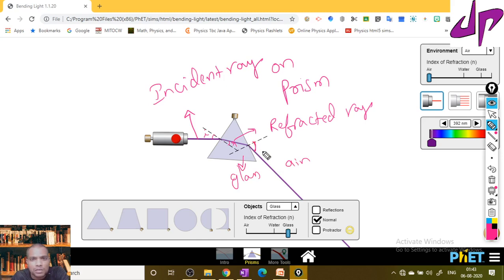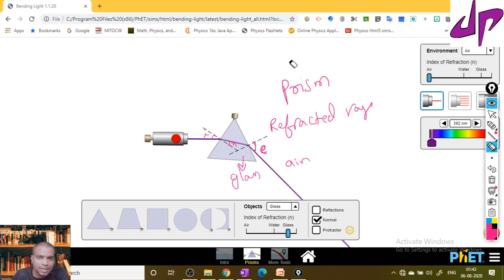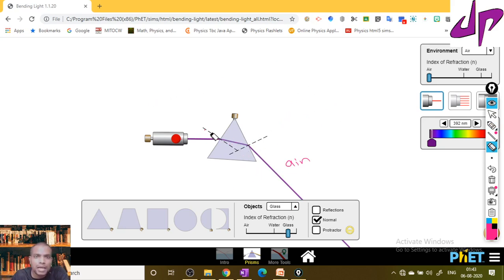So here you can see the angle is bigger. This angle we call the angle of emergence. Okay. So the same property of refraction we can observe with the help of the glass slab and with the help of the prism.